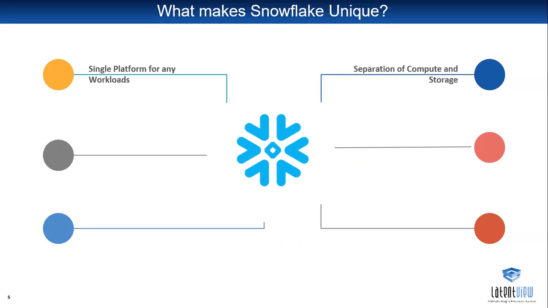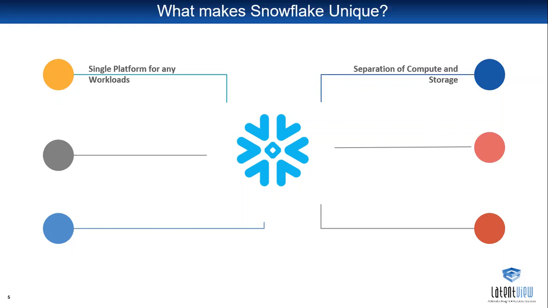And separation of compute and storage, which is something very unique that Snowflake is providing. In this cloud, the storage and the compute capability given by Snowflake are separated so that you can use them according to your need.